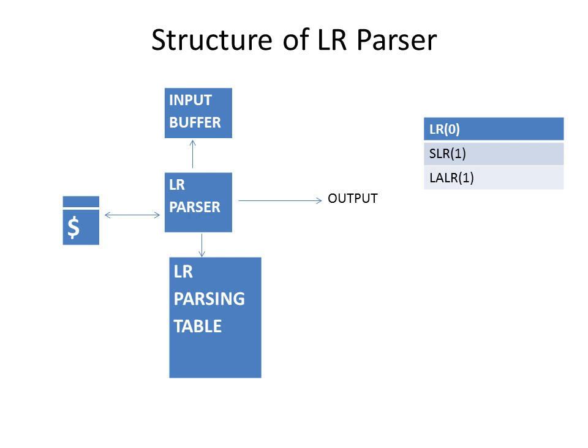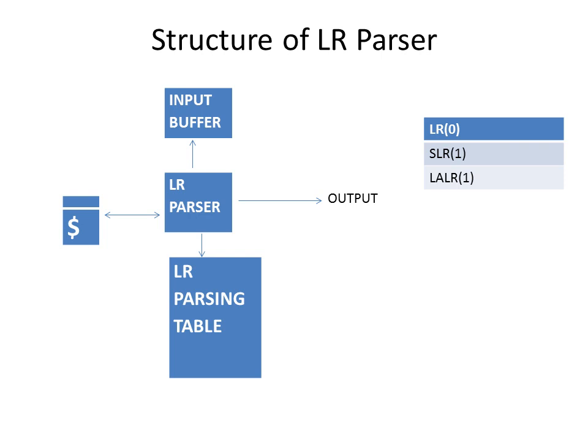Structure of LR parser. The leftmost box is called the stack. The stack has the dollar symbol at the bottom of the stack. Then we have the input buffer, the LR parser, the LR parsing table, and finally the output is taken from the LR parser.